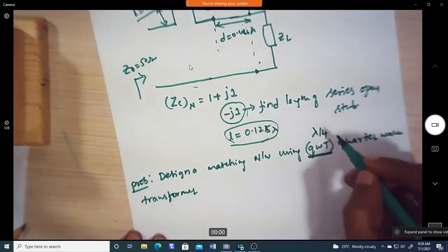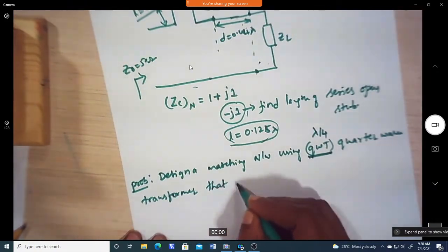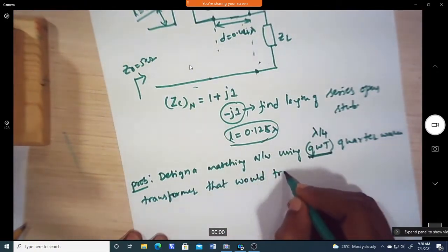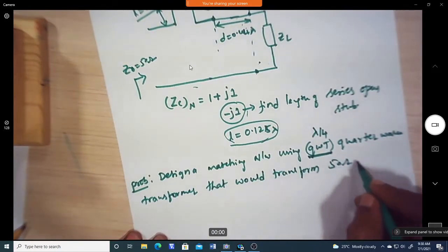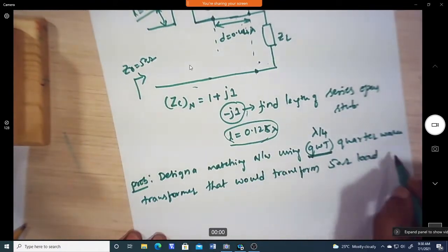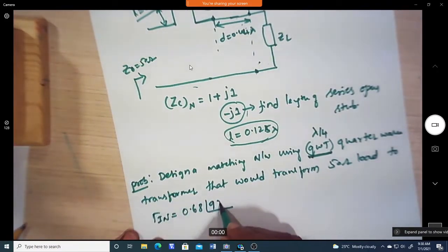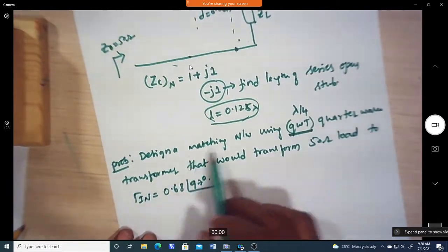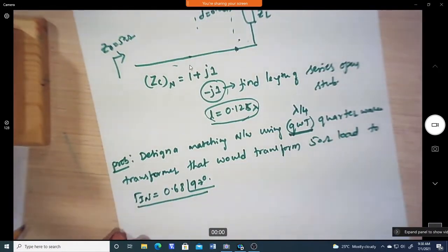It would transform a 50 ohm load to the input reflection coefficient gamma in, which is given by 0.68 at an angle 97 degree. So this is the problem: design a matching network using a quarter wave transformer that would transform a 50 ohm load to this input reflection coefficient.